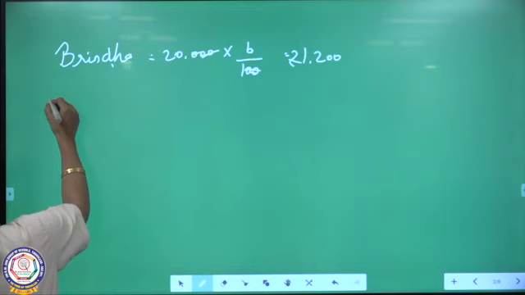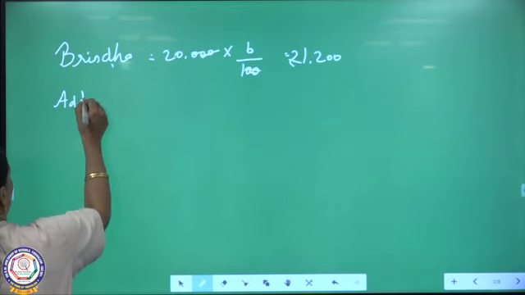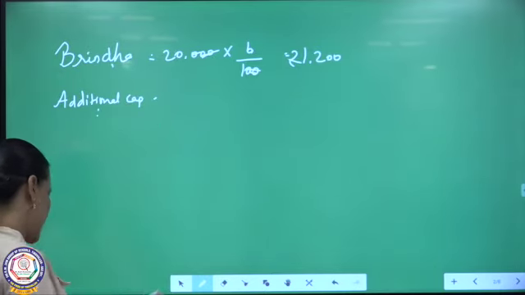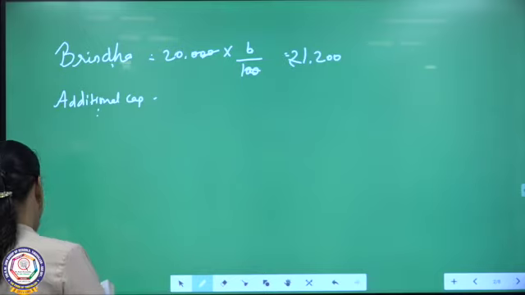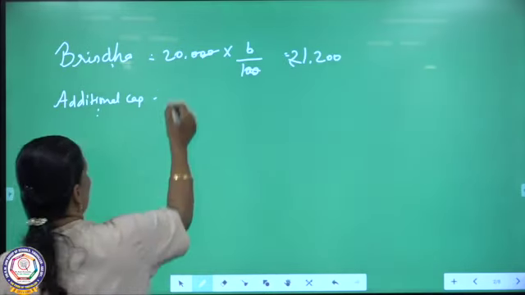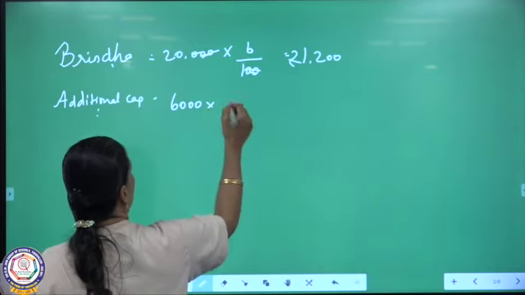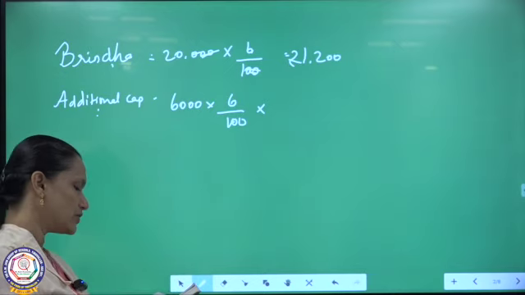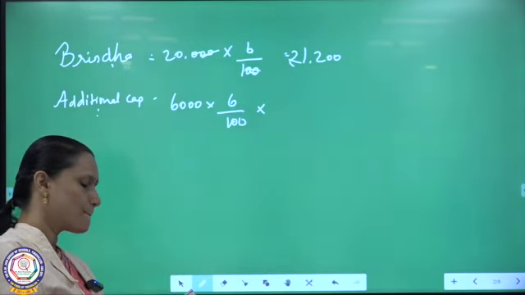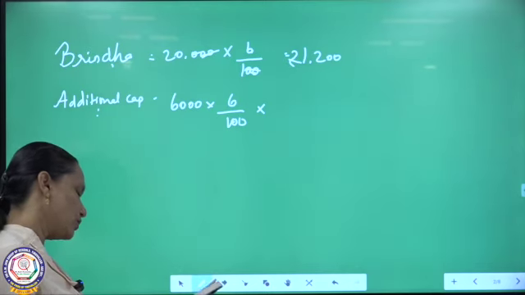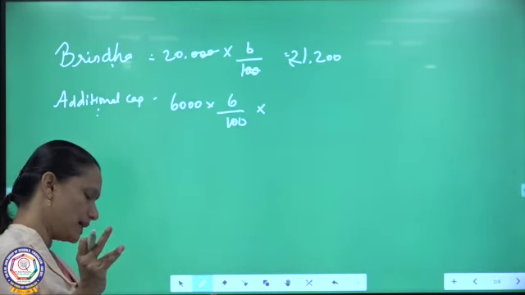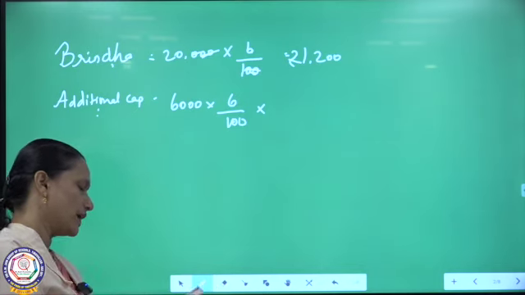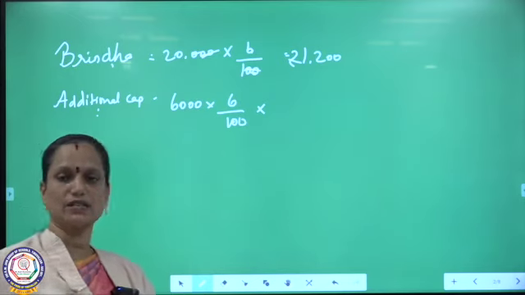And then additional capital also she introduced. How much she introduced? 6,000, isn't it? So, 6,000 into 6/100 into how many months? So, which month she introduced? Sorry, July only Brinda introduced additional capital, okay.